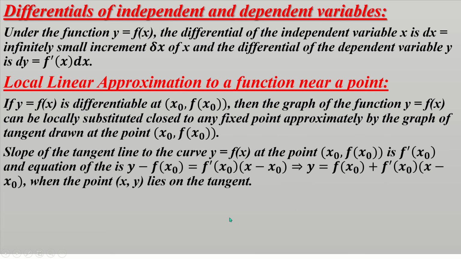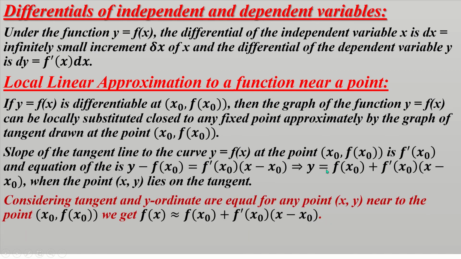The equation would be y minus y naught, or y1, equal to m into x minus x1. As here the point is x0 and f of x0, the equation will be y minus f of x0 equal to f prime x0, which is the slope m, into x minus x0. By calculating, y and f of x are the same, so we can write y is equal to f of x approximately.